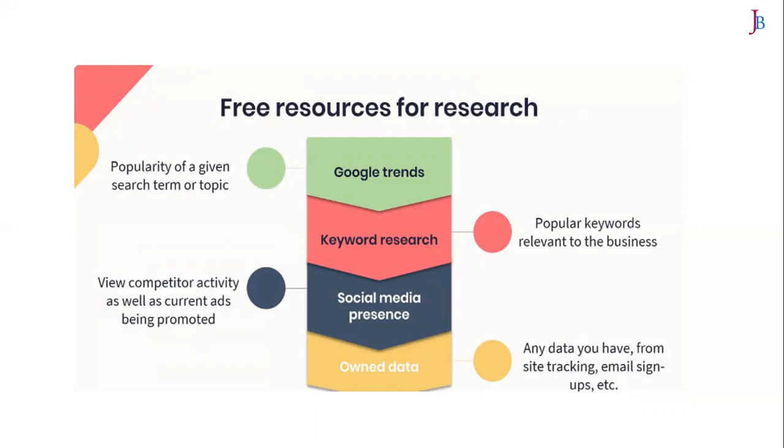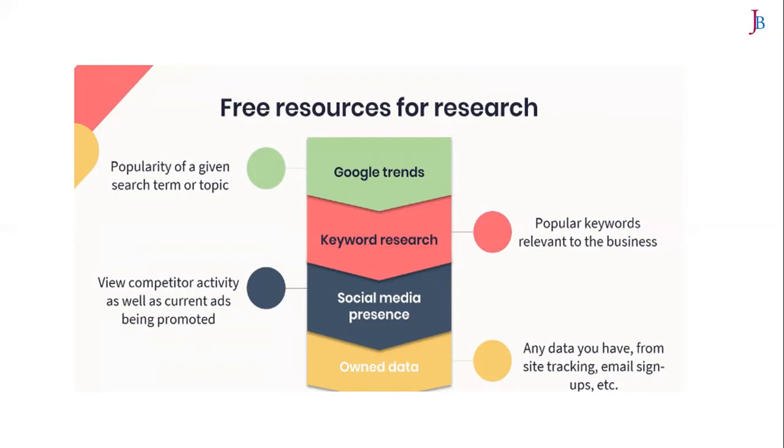Okay, so there are resources that you can use for your research. You've talked of Google Trends before, which lets you know the popularity of a given search term or topic. Keyword research. These are popular keywords that are relevant to your business. We'll be going into this in the next video, where we'll be creating a Google My Business profile, and you'll be doing a keyword research using KW Finder and other tools that we'll be making use of as we go on in the training.